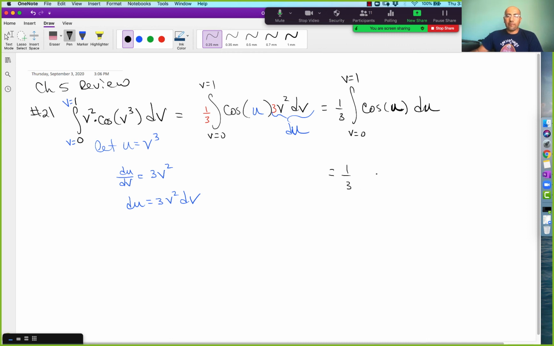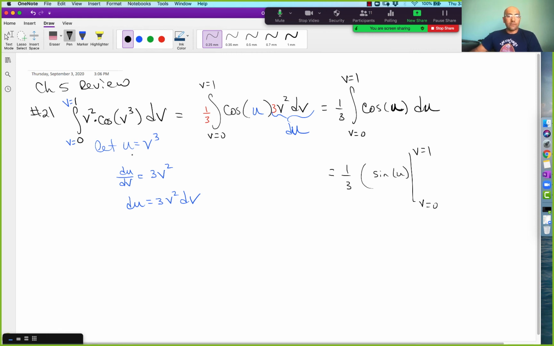The antiderivative of that is just going to be sine of u, evaluated at these limits, which is v goes from 0, v goes to 1. Good. Now, normally we would just plug those in there, and we can find our result then. However, here we have to recognize that this is the variable u, and these are for variable v.